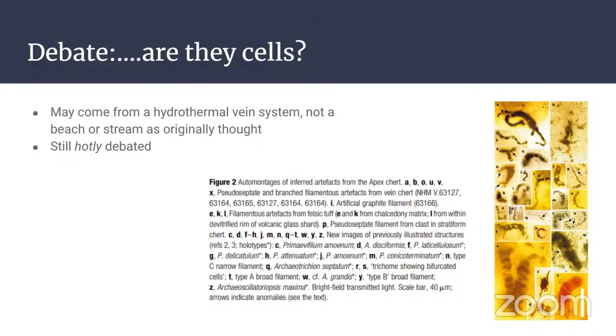One of the things that was also in this paper that was showing these different images was that originally they were described as being from a beach or a kind of stream, so an environment where you might be more likely to find life, at least as we understand it right now, versus this paper found that they were more likely from a hydrothermal vent system, which we talked about before as a potential place where life might have formed.